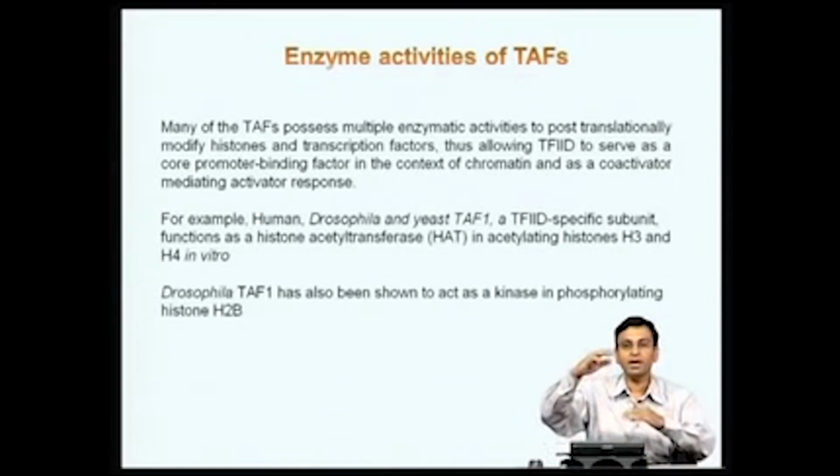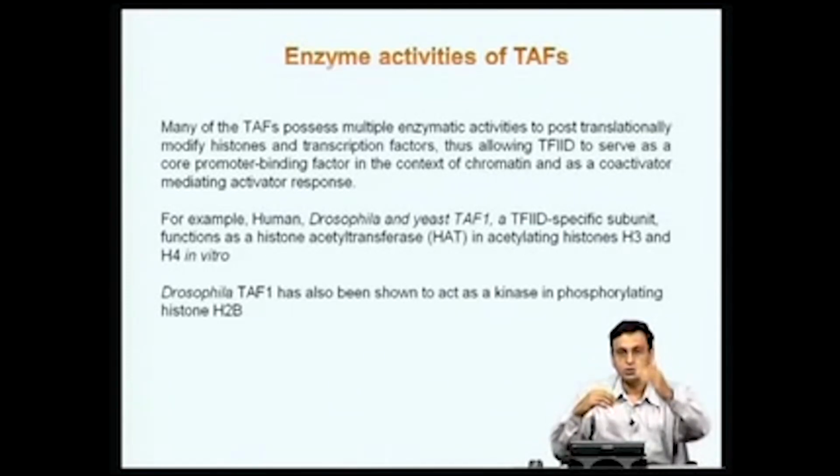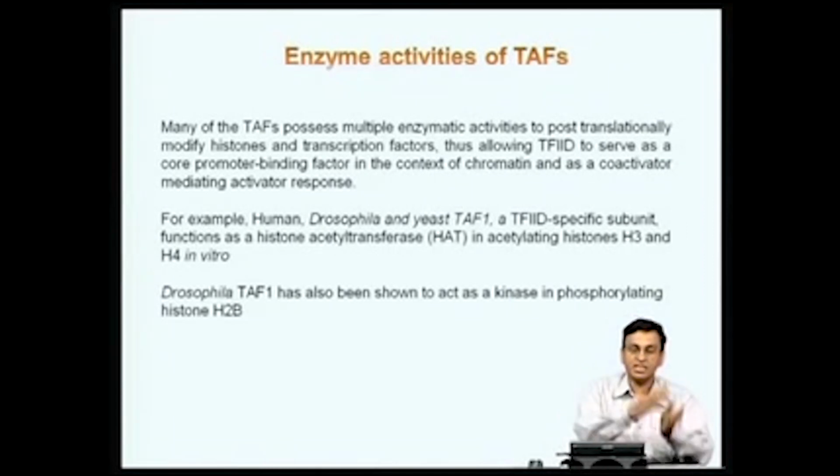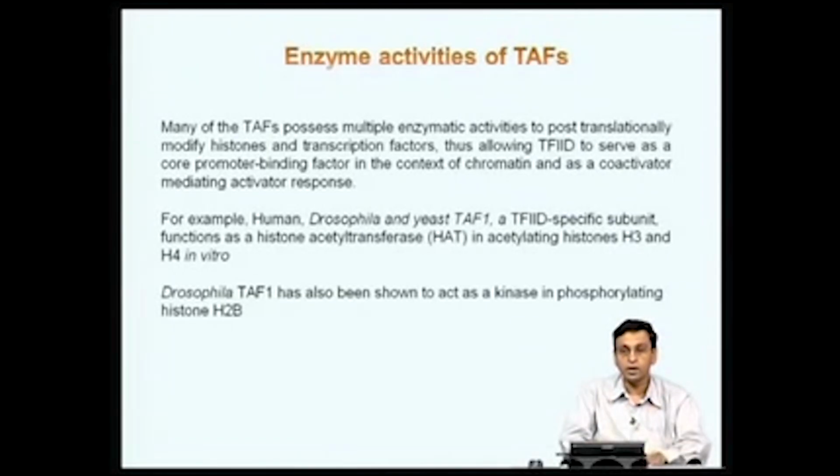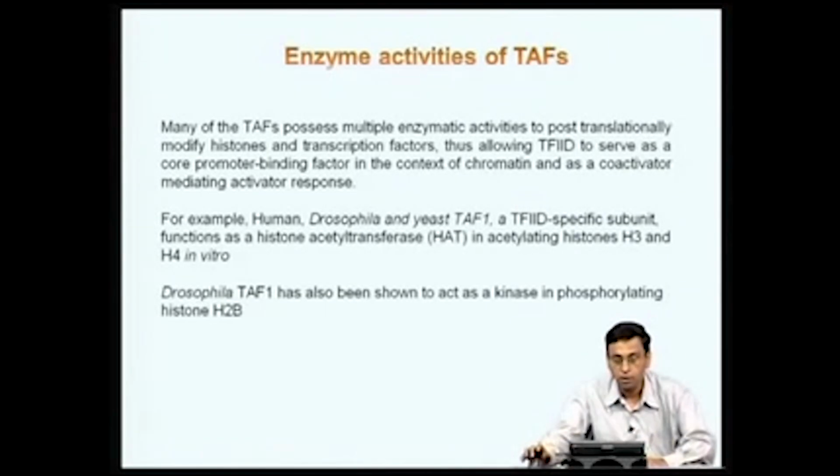So, by simply making histones bind or fall off, by adding or removing a positive charge or a negative charge, using histone acetyl transferases and histone deacetylases, histone phosphorylases and so on, differential gene regulation can be brought about, and one important player in this entire area are the TAFs.